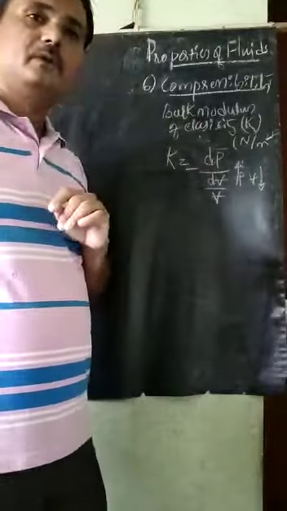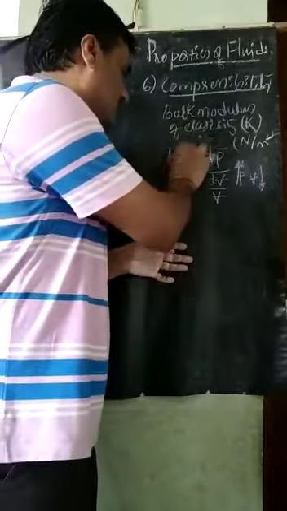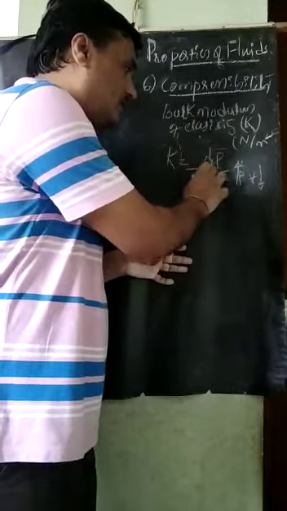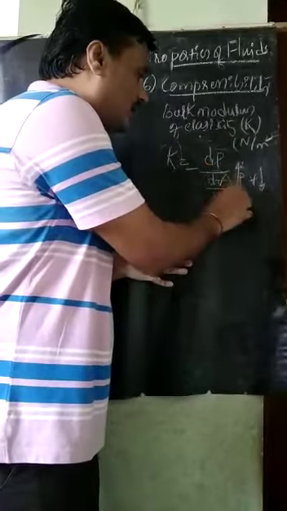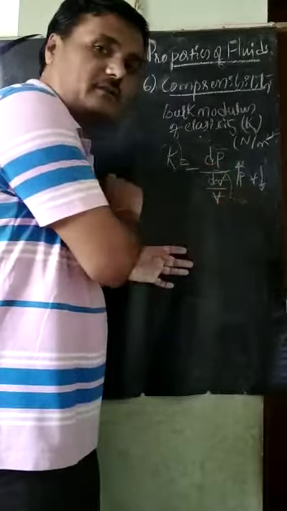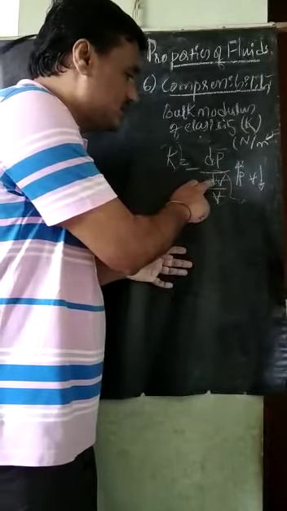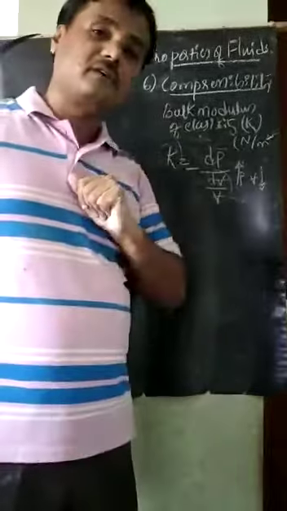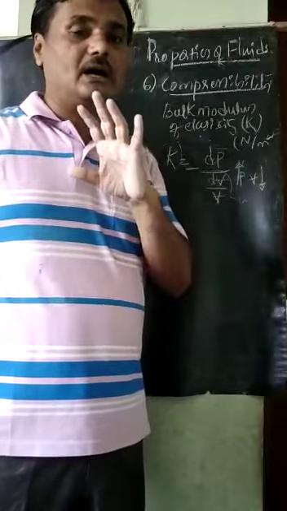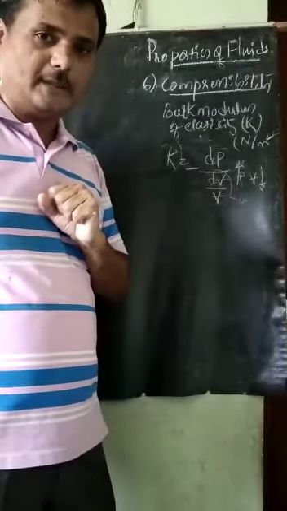So the bulk modulus of elasticity is the compressive stress, or change of pressure, divided by the volumetric strain. Volumetric strain is change of volume divided by original volume. This is called the bulk modulus of elasticity. It is a reciprocal of the compressibility.